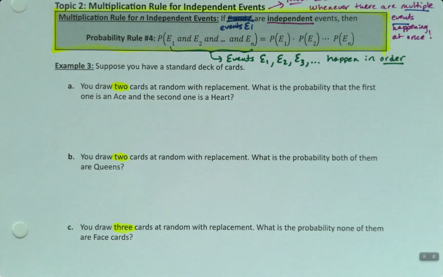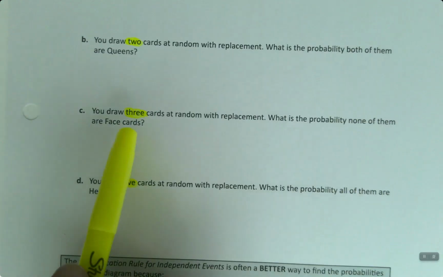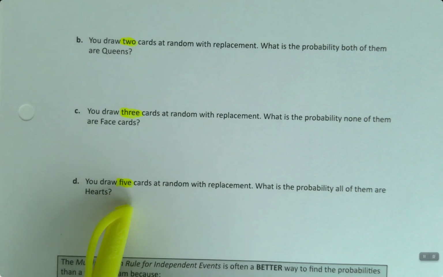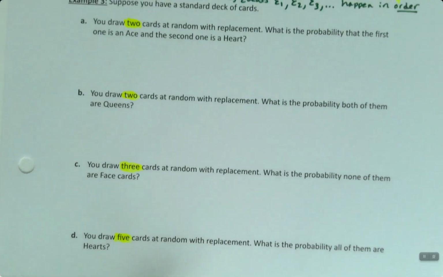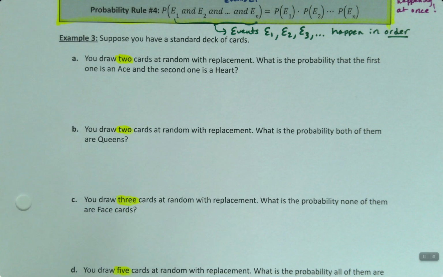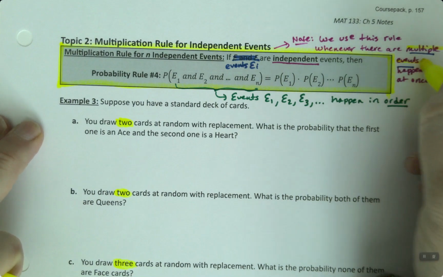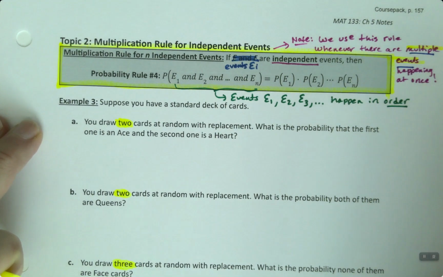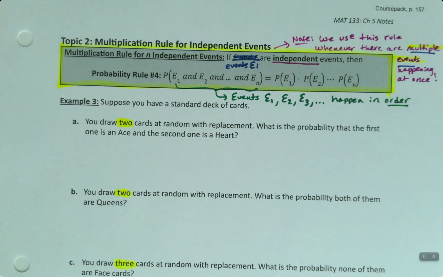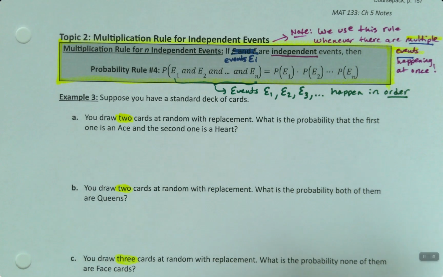I'm drawing 2 cards, or I'm drawing 3 cards, or I'm drawing 5 cards. We have not had that up to this point. If you look at the previous sections, it was always drawing a single card. But this is going to be when you're doing multiple events at the same time. Things like you toss the coin 4 times, you spin the roulette wheel 7 times, things like that.